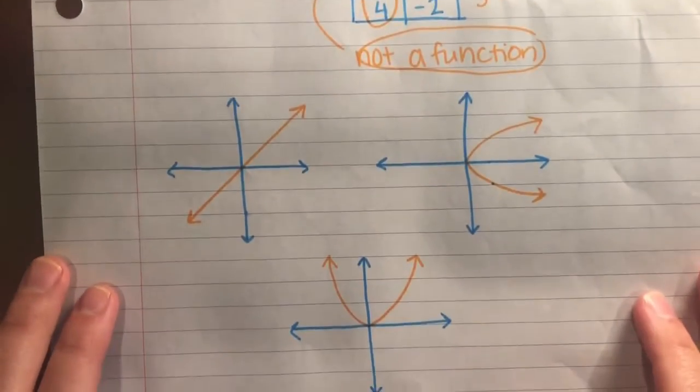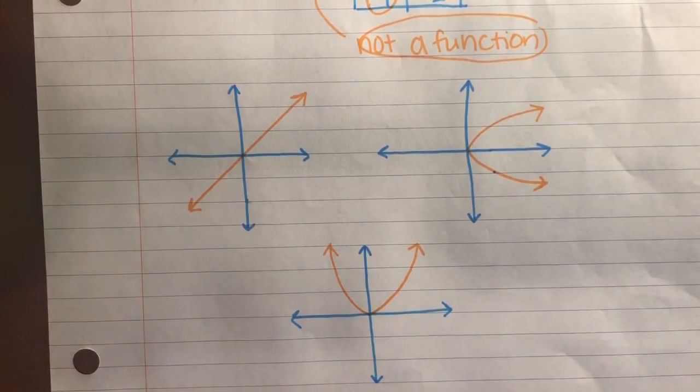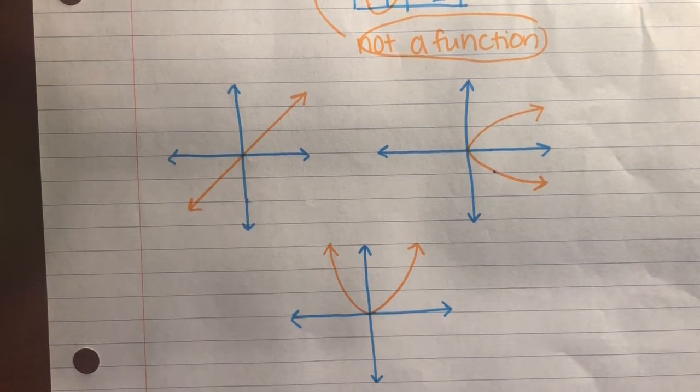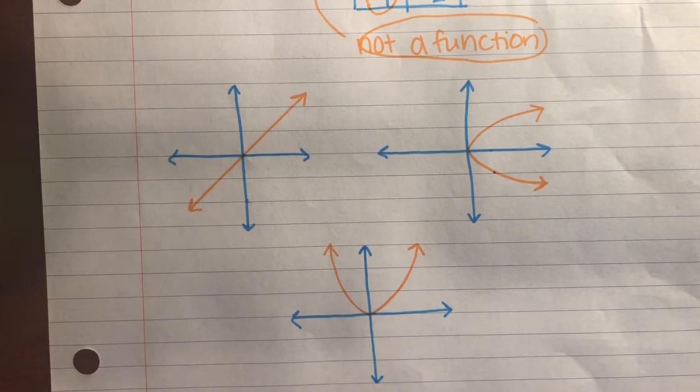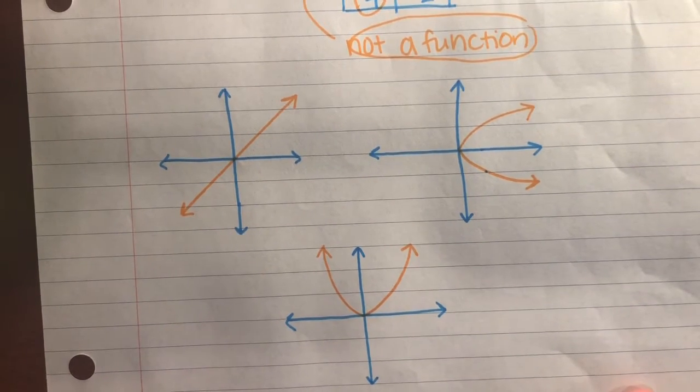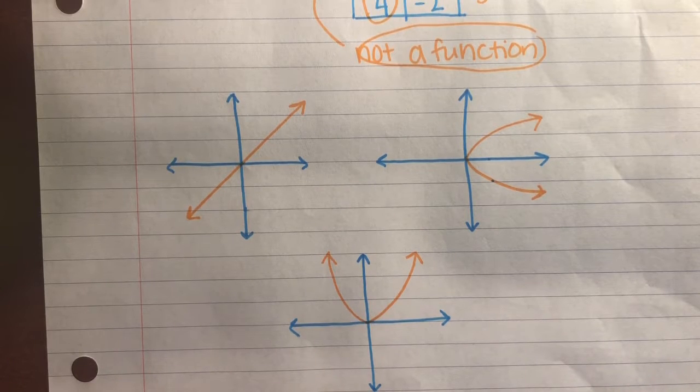Okay, and lastly, we might see our relations shown as a graph. And I'm going to go over a quick trick to identify whether or not we are looking at a function. So again, for every input, there must be exactly one output. That means for every x, there must be exactly one y.